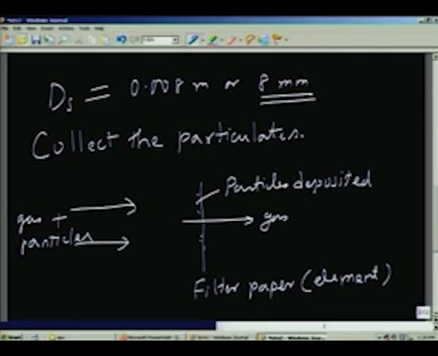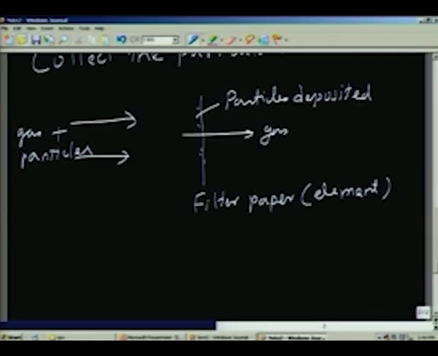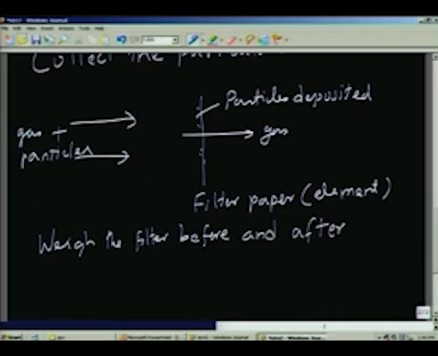There are two ways of using this. One is, of course, to weigh the filter before and after collection. Before collection, we know the weight of the filter element, and after collection we find out its weight, and the difference gives the amount of material collected. Now, if you want a significant amount of material to be collected so that you can do an accurate measurement of the mass, we require a large amount of time.